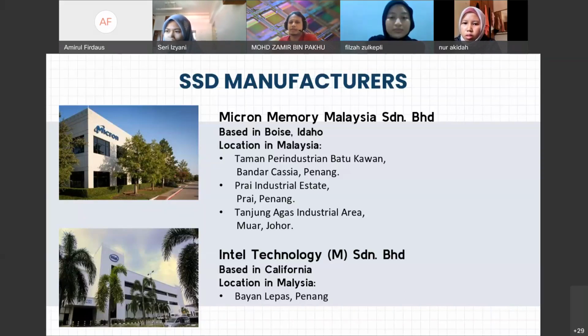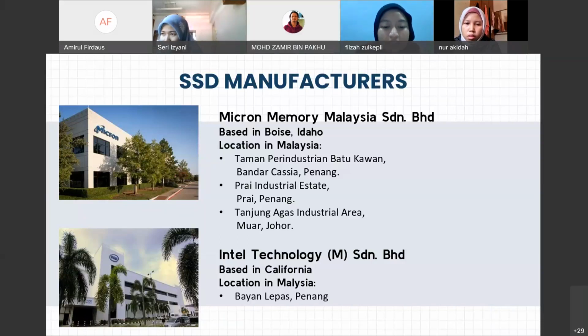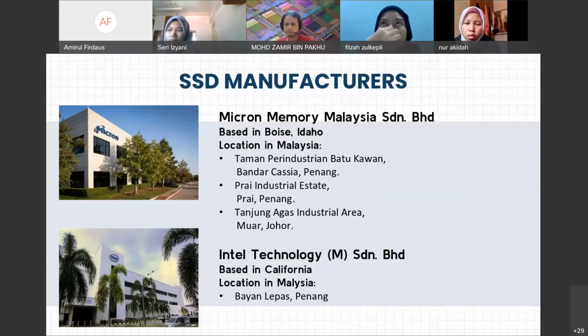Okay. Material to fabricate SSD drive. To fabricate SSD, we are using silicon dioxide as our material. Sorry, Filza, I couldn't hear you clearly just now.